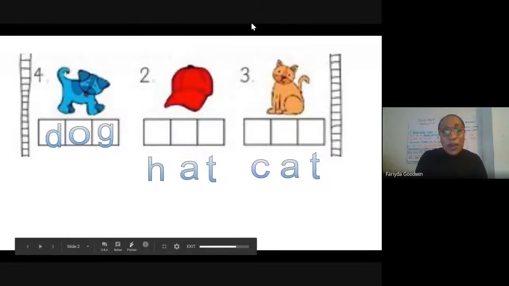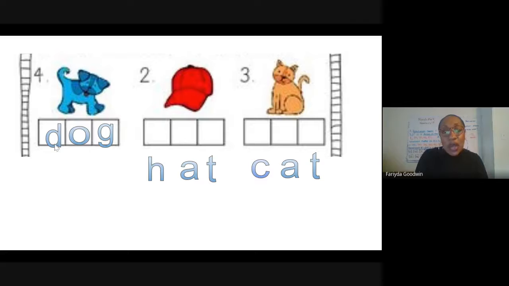The kids love this part. And so here's an image of a dog, right? And so they know, and these are called Elkonin boxes. And this also helps, this is another visual to help scholars segment each sound and put them in isolation and then blend them, right? So we have dog. I will push those letters in the boxes, hat, and cat.